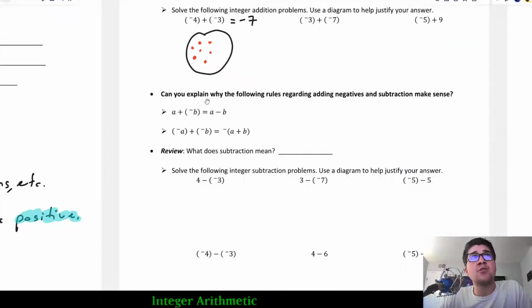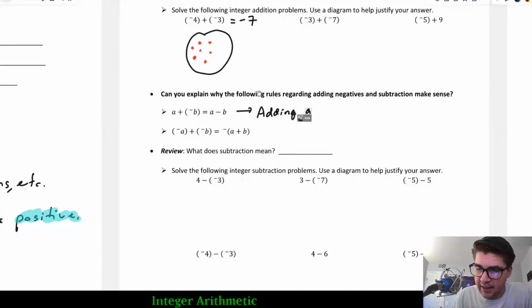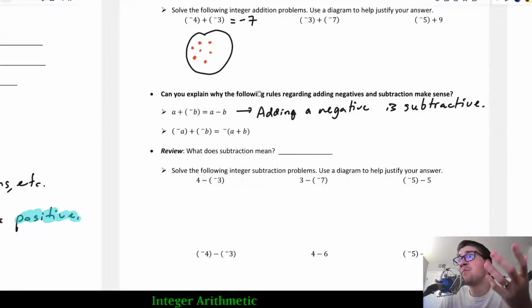So if we're trying to reason why this is true, again, we've seen this in this particular case, but I could reference this using a conceptual word if I was trying to explain: adding a negative is subtractive. And this is kind of why we reuse the same symbol at the end of the day, because adding a negative is the same as subtraction.